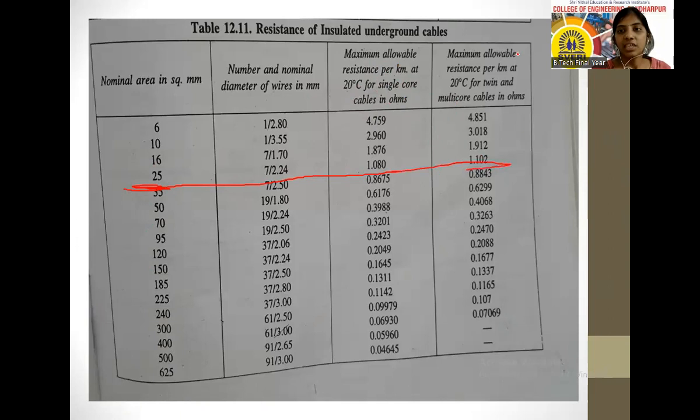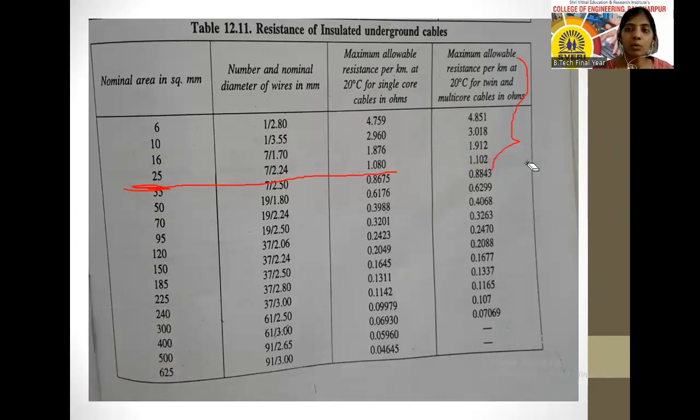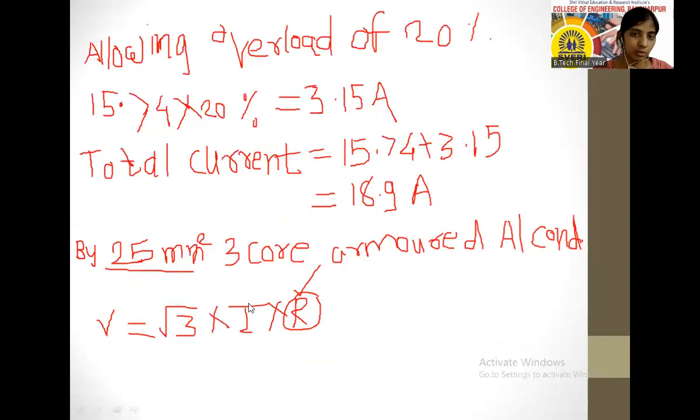So here the maximum allowable resistance, this 1.102, we have to take into consideration. So this is the resistance, 1.102. Now this is per kilometer. That's why we have to calculate the resistance for the 500 meter.